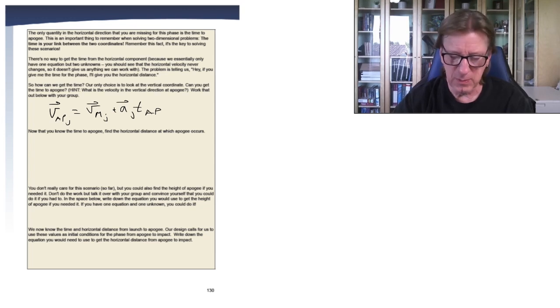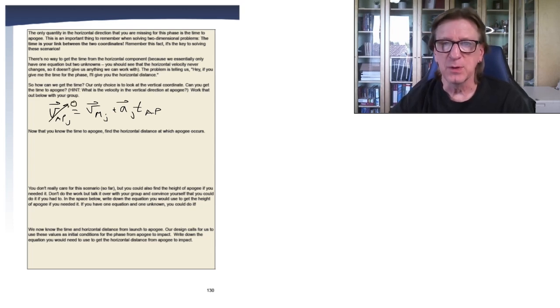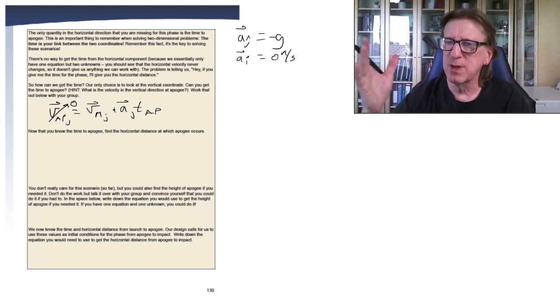So that's going to give me my time to apogee, right? Now let's go ahead and mark out things that are 0. We know that that one's 0. I'm going to remind myself that a_j is equal to minus g j, and a_i is going to be equal to 0 meters per second squared. And you've worked out the values for all of the initial values on the previous page, so you can refer back to that.